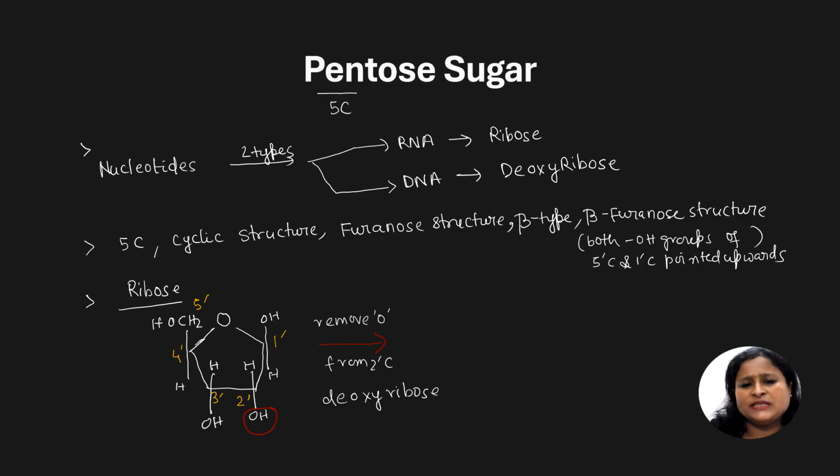Deoxyribose. Deoxy means oxygen is removed. From where? From the 2 prime carbon of the ribose. So how does the structure become? Instead of OH, there will be just one H present. So rest all remains the same.